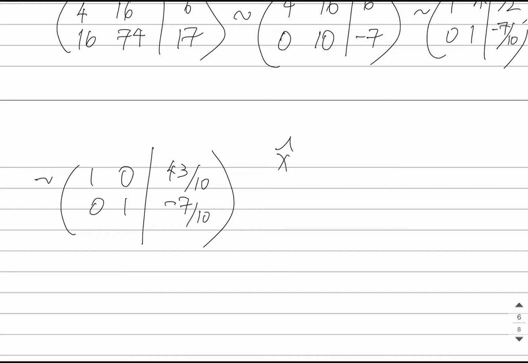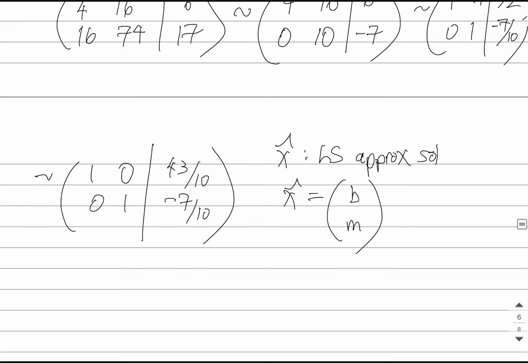So the approximate solution, the least squares approximate solution, the thing that I want, is a vector that holds two constants, two unknowns: the y-intercept of the line and the slope of the line. And I just found it, 43 over 10, -7 over 10.